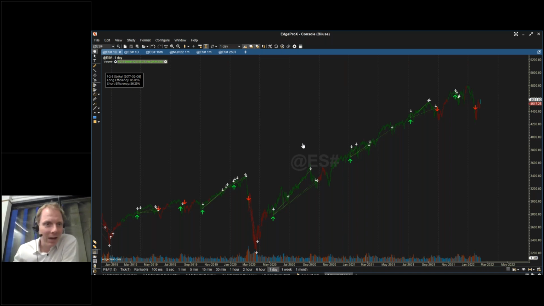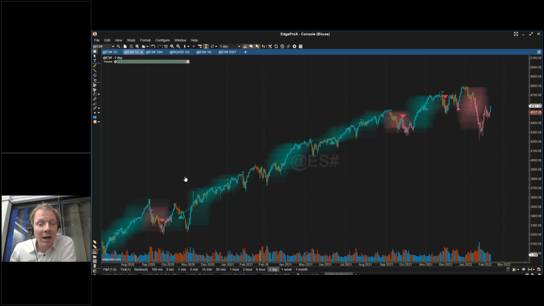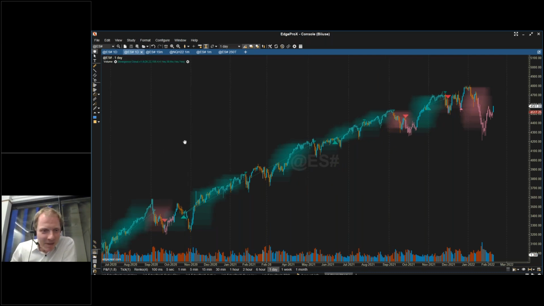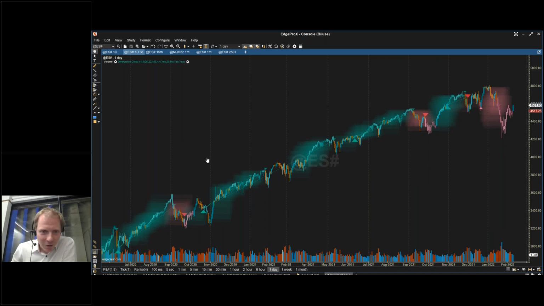Great. Okay, just to contrast this, I'm going to switch over to this tab here. It's going to be the same symbol, but this time we have applied our Divergence Cloud indicator. Let me explain the visuals first. As you can see here, you have these greenish glows and reddish glows on the chart.